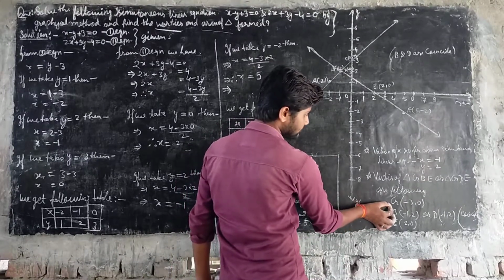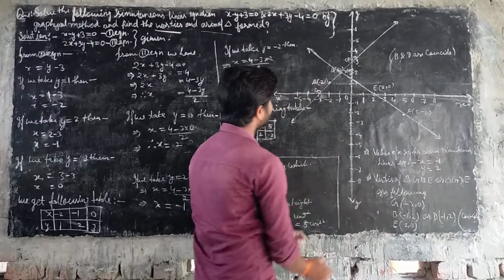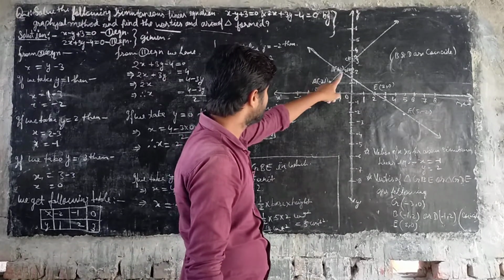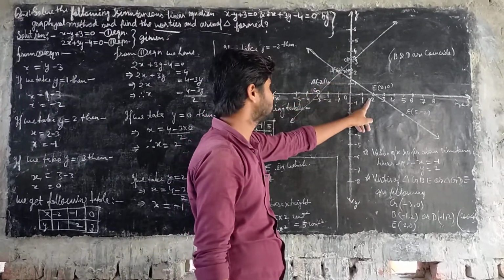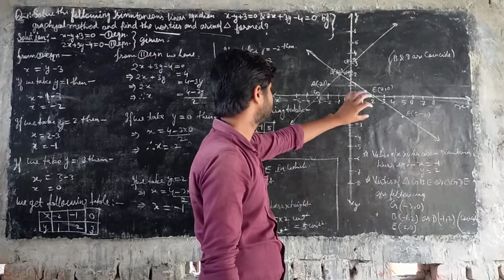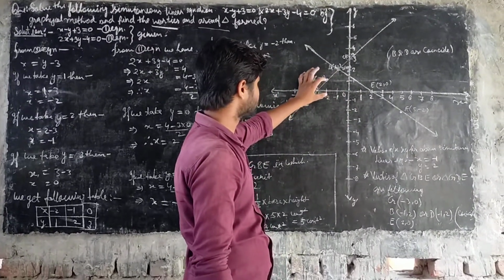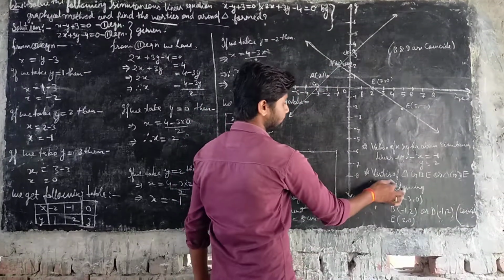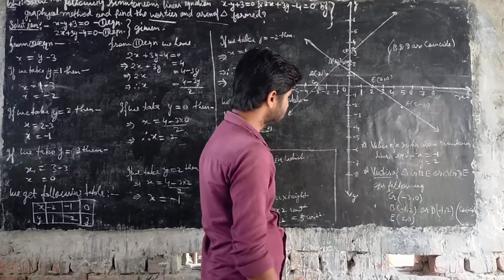Their vertices are point G, which is a vertex of the triangle, then B, and then the third vertex of the triangle. Vertices is the plural form of vertex.